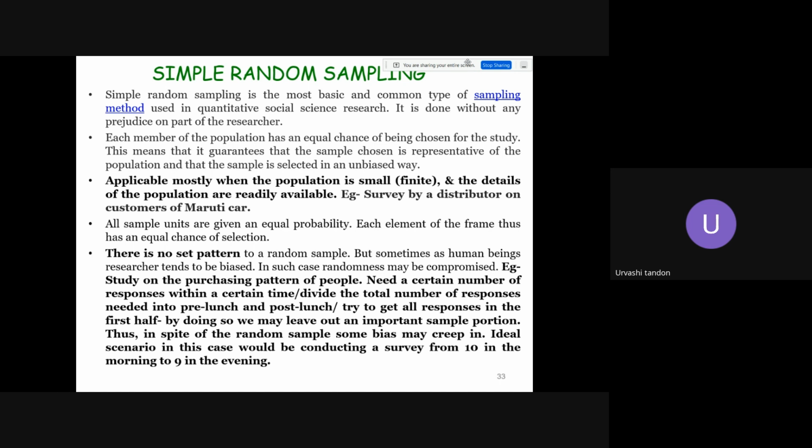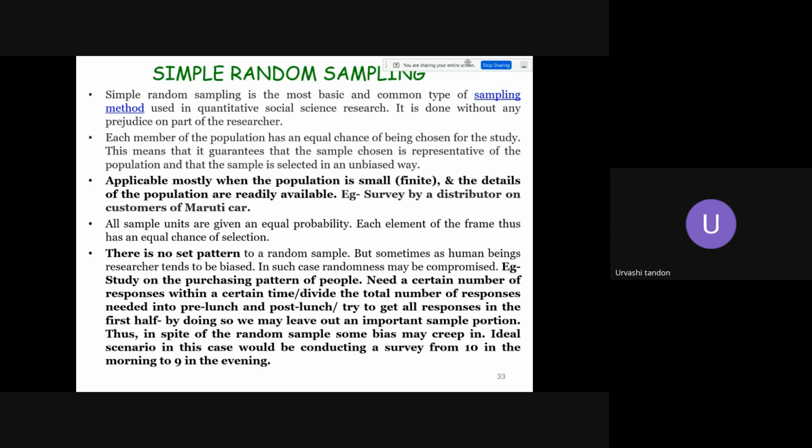You picked up the responses early morning, and you have completed all your data, which you were scheduled to carry on from 9 to 10 p.m. in the night. So in that case, this is the bias which you have created. So in spite of this being a random sample, bias may creep in, right?